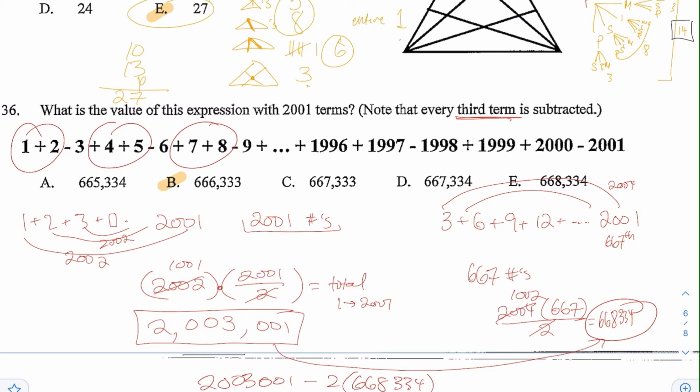You subtract once to get just the positive terms, and then you subtract again because you have negatives in between every third. So if you double 668,334, so 668,334 times 2, and you subtract 2,003,001, you get 666,333. And that is choice B.